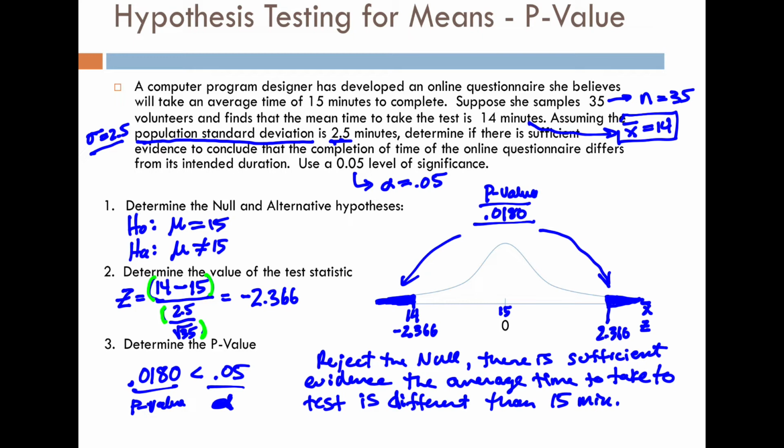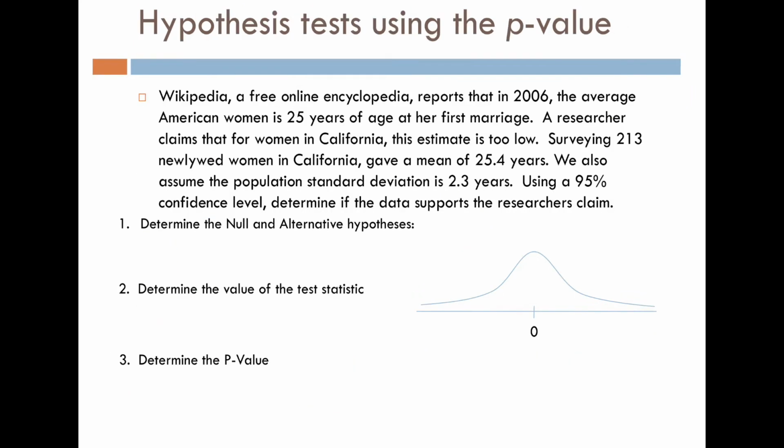So you'll see this part here, when I said there's sufficient evidence, I'm just basically restating what the alternative hypothesis is saying, right? That the mean time, and we're putting in context of this problem, the mean time to take the test is different than the assumed 15 minutes. That is stating the alternative hypothesis.